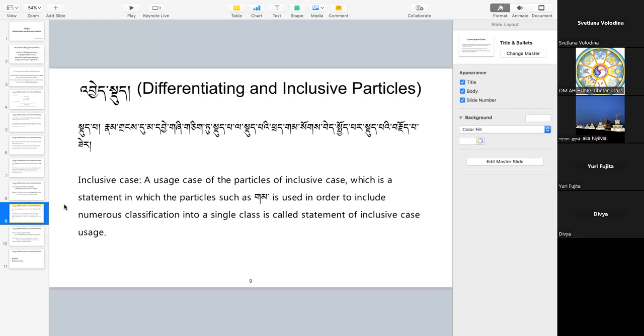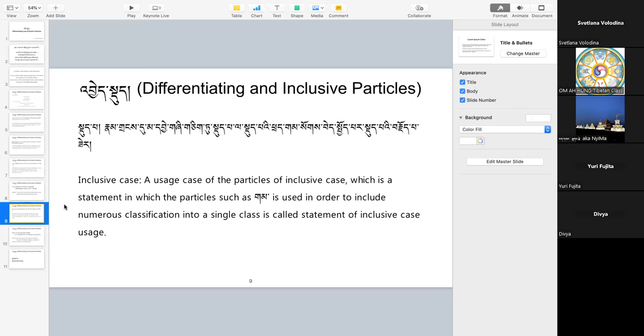Okay, so in this particular usage case, a statement is used in which the inclusive particle, such as kam, is used in order to include numerous subclasses or subclassifications into a single major class.